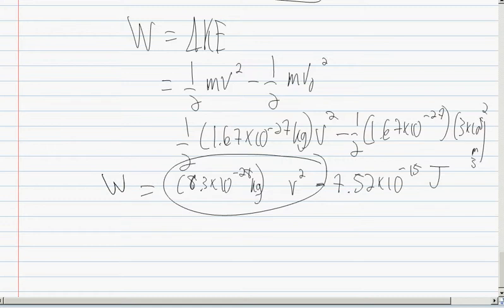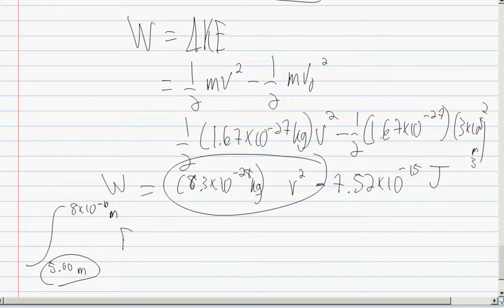Alright, so then I gotta do work. I'm starting at 5.00 meters, and I'm getting to 8 times 10 to the negative 10th meters. This is pretty close to starting at a force of 0 from our perspective, but we still have to work with it.